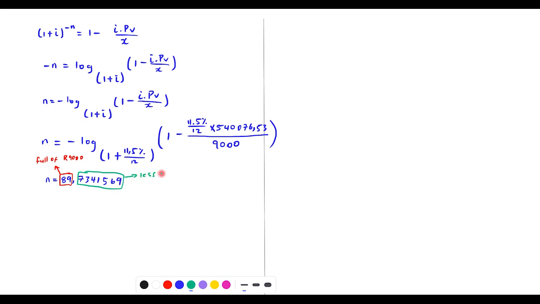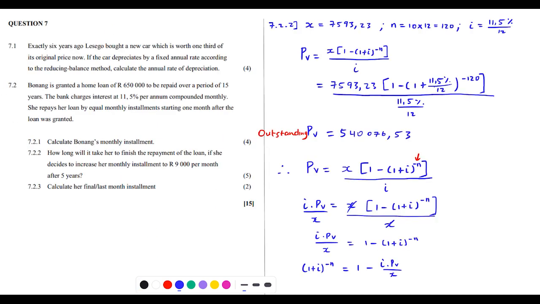So she'll still make a payment on the last payment, but it will be less than 9,000. Therefore the payments that she'll make are going to be 90 payments, right? All right, so that's basically how we get into the how long type question, right?